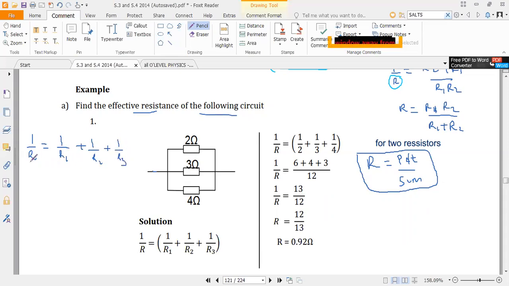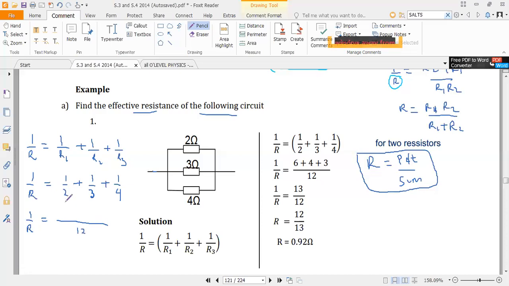So if we go ahead to solve this, 1/R would be equivalent to 1/2 plus 1/3 plus 1/4. When solving such fractions, we look for the lowest common multiple, the LCM of the denominators, which is 12.